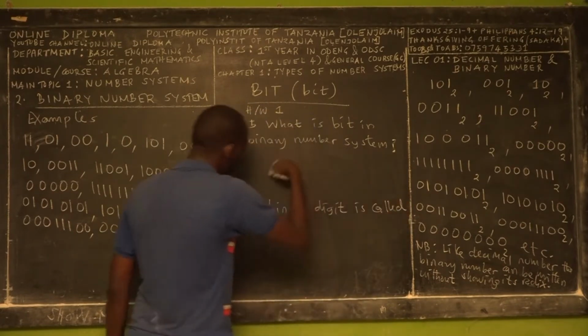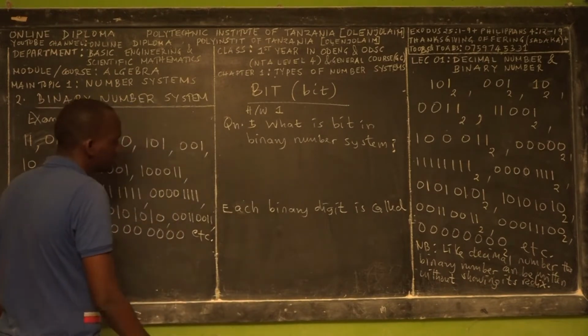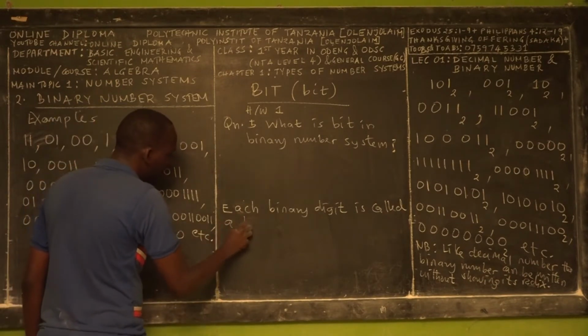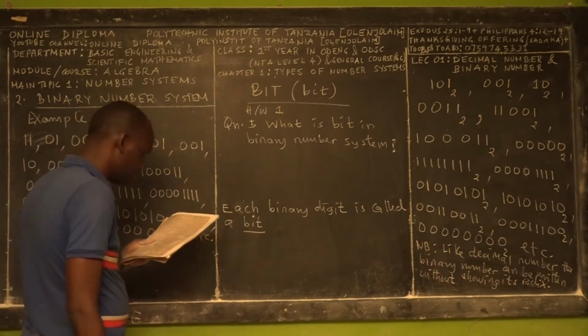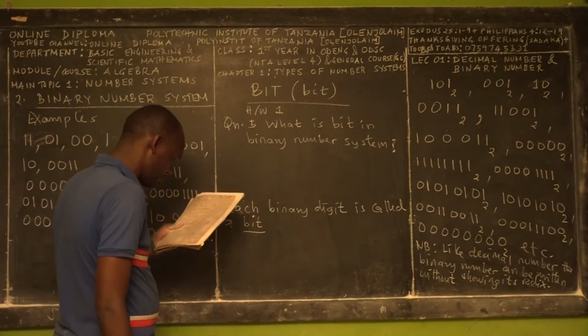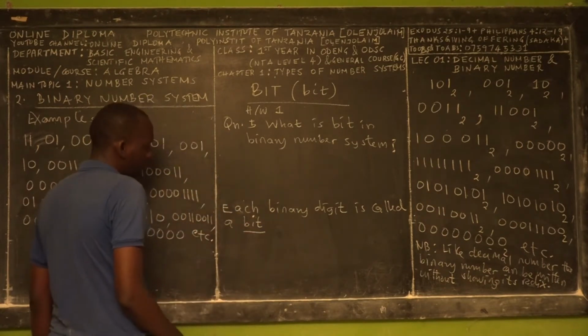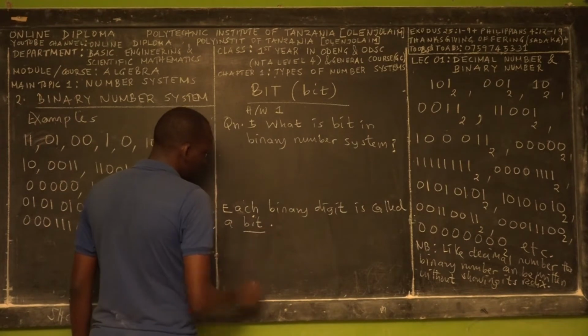This is very important. After defining, then come into this sentence: it's called a bit. It's called what? A bit.